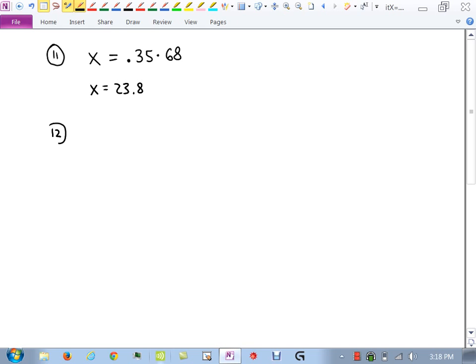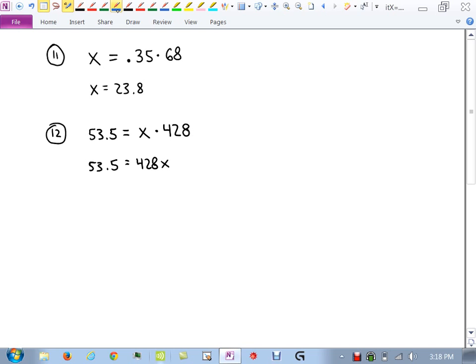All right, next one, 12. 53.5 is what percent, I'm going to call that x, of 428? Well, that's the same as saying 428x equals 53.5.